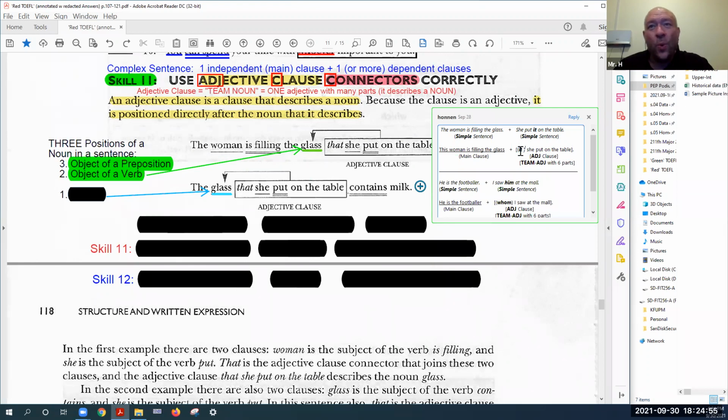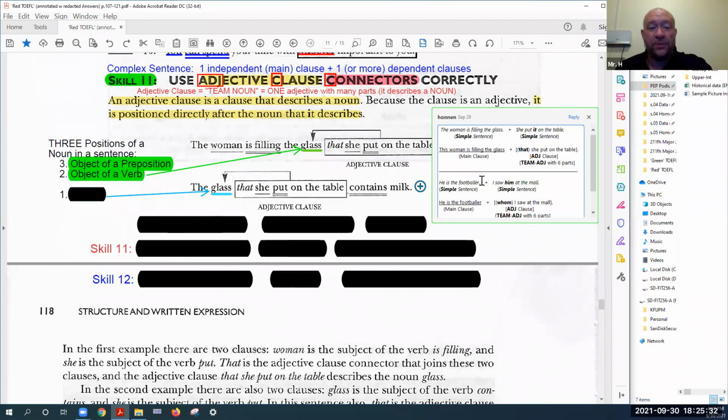But why don't I just say it she put on the table? It's not logical, right? But when we use that, that refers to the glass, correct? So the connector replaces it. Is that clear?